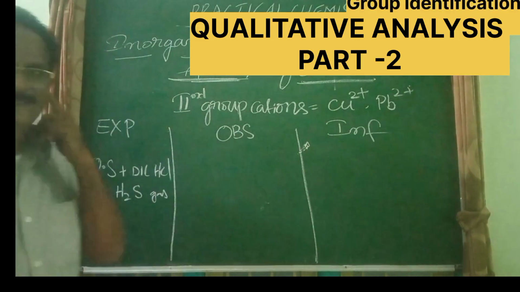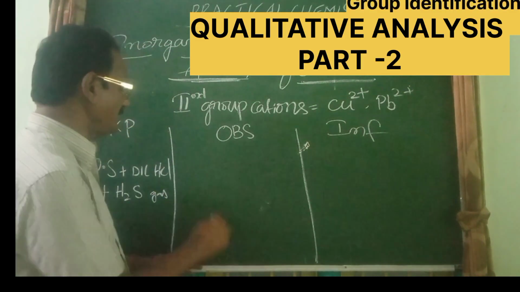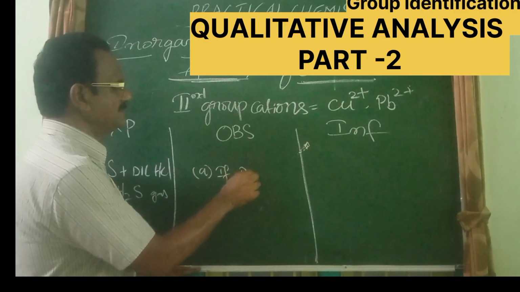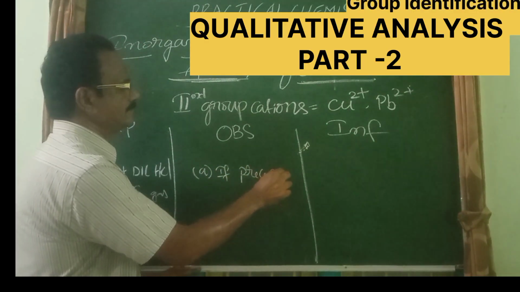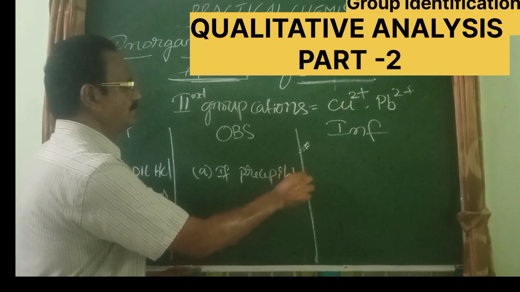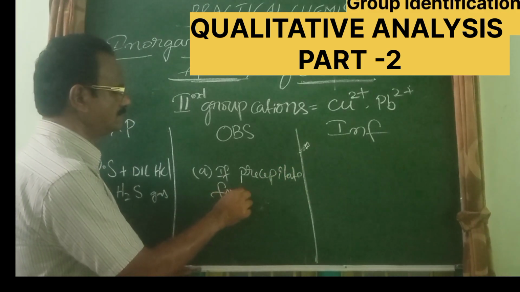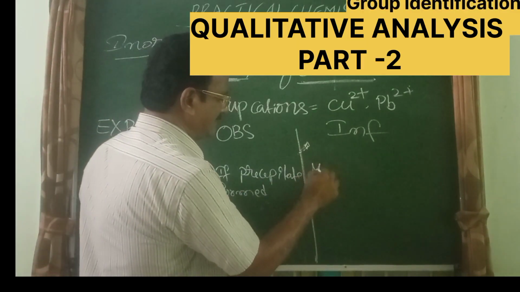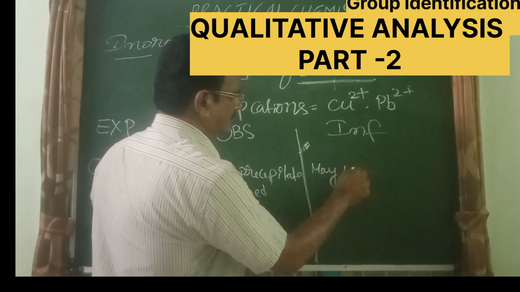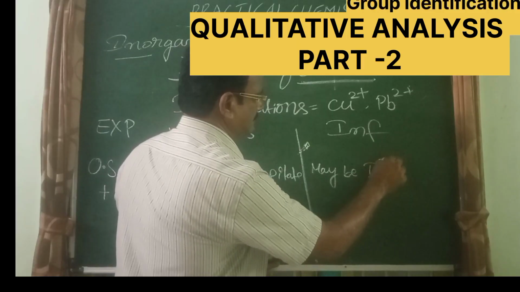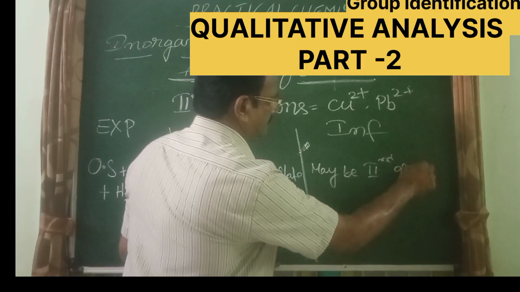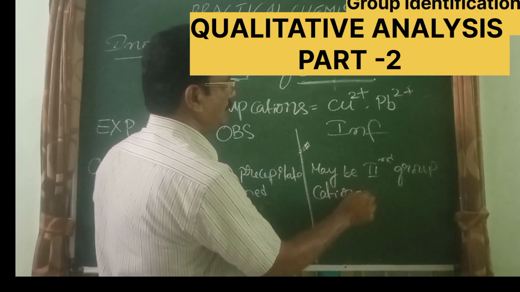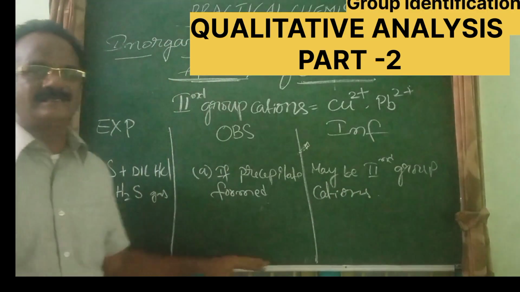If precipitate is formed, there may be second group cations. Is it clear?